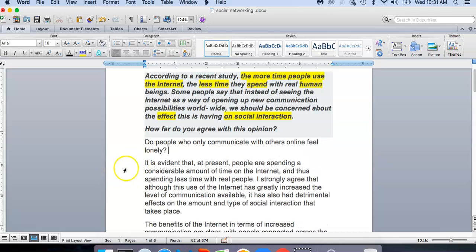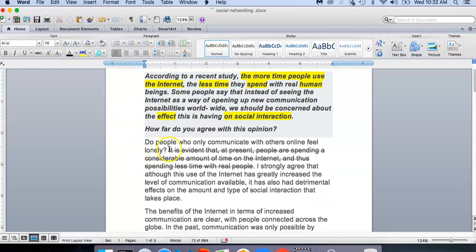Okay, so that's a more interesting hook than this, to be honest. Okay, so actually let's take that out because it's not very interesting. This would be a far better hook. Okay, so and then here the person is saying his or her position.